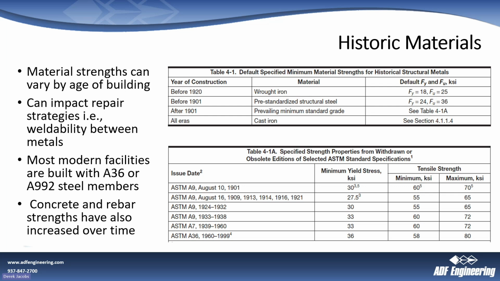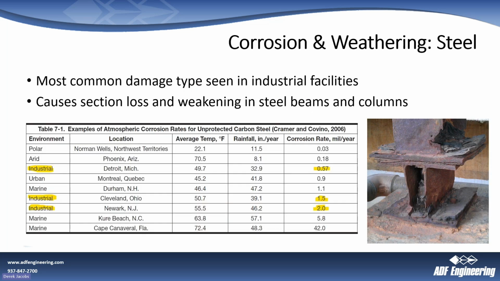The yield strength of rebar is much stronger now than it used to be, and your basic concrete mix is also increasing as we develop those technologies. So we make assumptions based on the age of the building, following this table here when we don't have the drawings, but having them available is great.